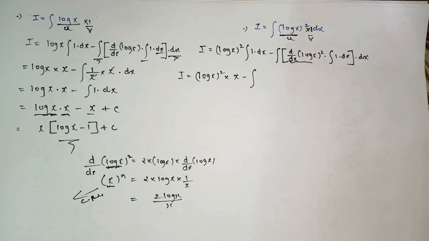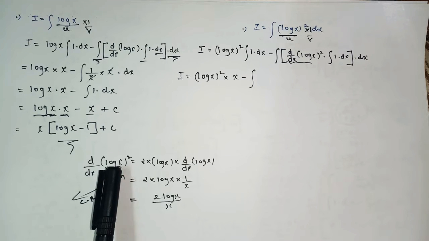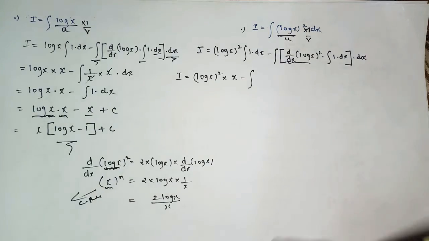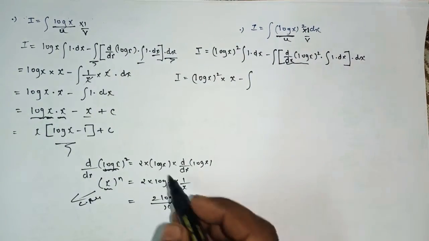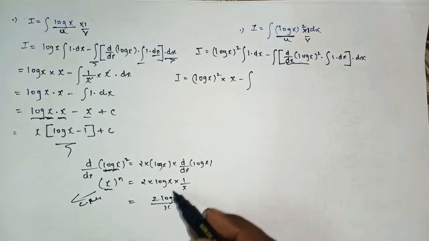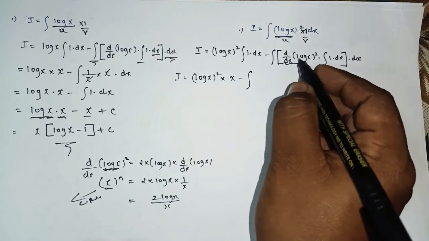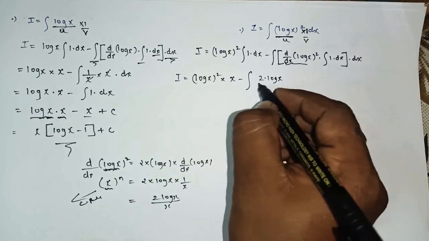Understood? So the derivative of log x the whole square is 2 into log x upon x, because here x is replaced by log x, so I applied the chain rule. As I took this part separately, I explained the step here. So here the derivative of log x the whole square gives you 2 into log x upon x.